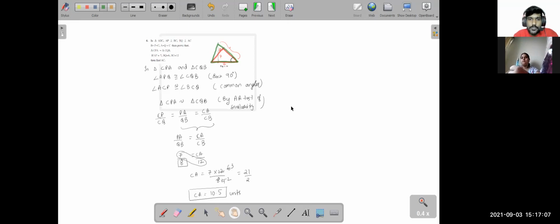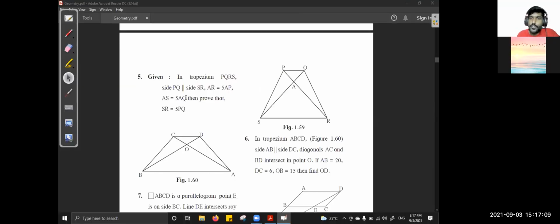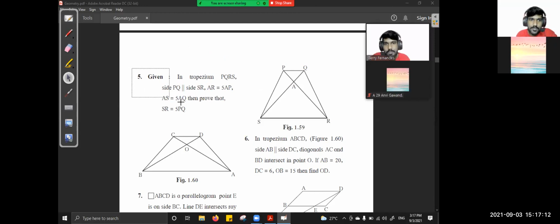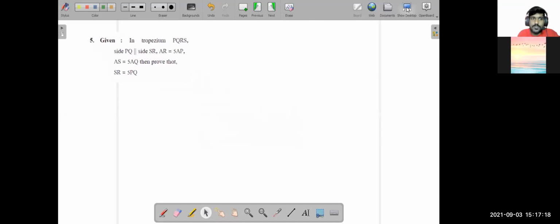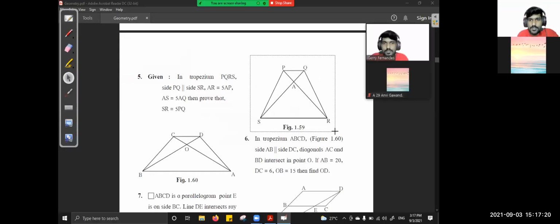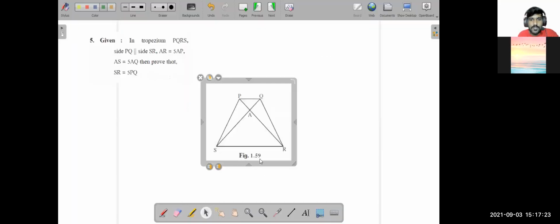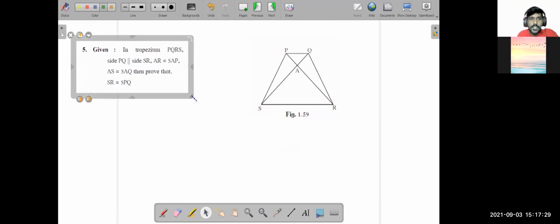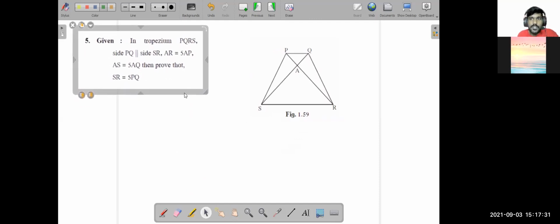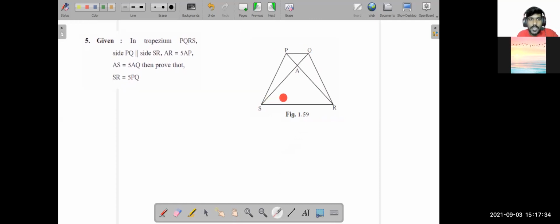Let's do the fifth one. Okay, fifth one is a proof type sum. In the fifth sum, trapezium PQRS, side PQ is parallel to side SR, and AR is 5 times AP.